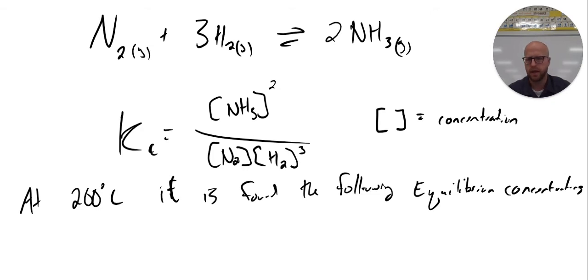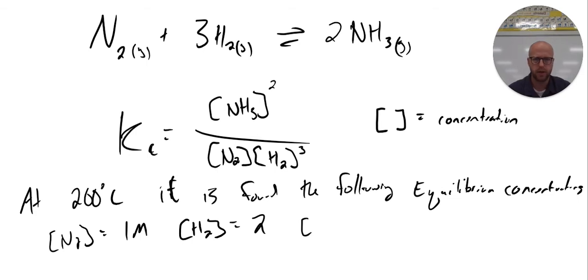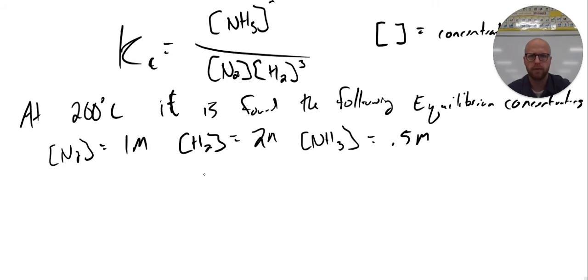So let's say concentration of N2 is equal to 1 molar, concentration of H2 is equal to 2 molar, concentration of NH3 is equal to, let's say, 0.5 molar. Okay, so let's say those concentrations are found. Well, since they're at equilibrium, what we can do is we can just plug those into K here, and solve.